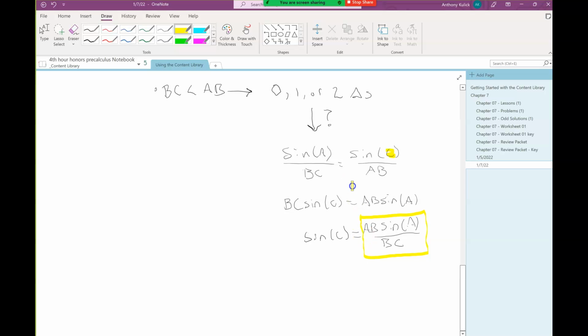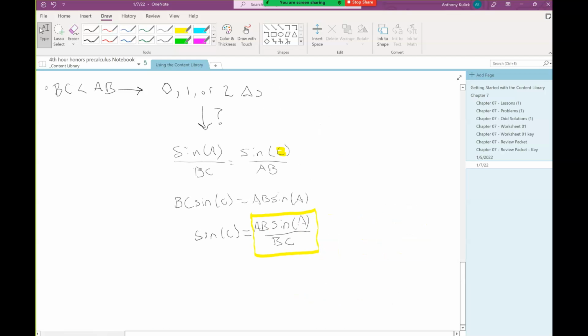And this number is going to tell me whether I have 0, 1, or 2 triangles. If that number is greater than 1, I get 0 triangles. If that number is equal to 1, I have 1 triangle. If that number is less than 1, I end up with 2 triangles.